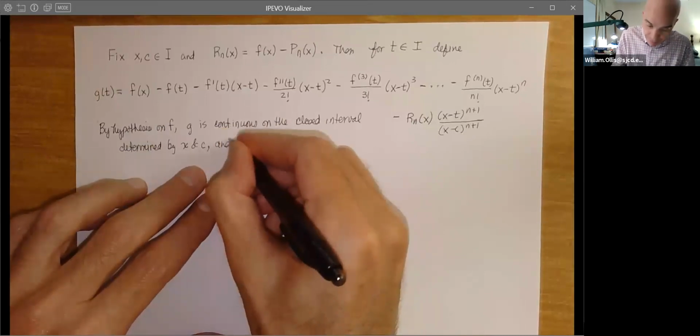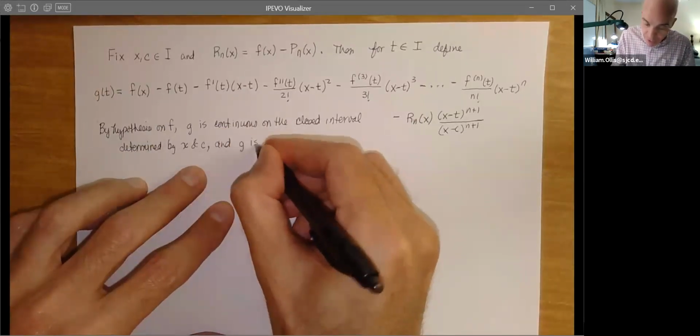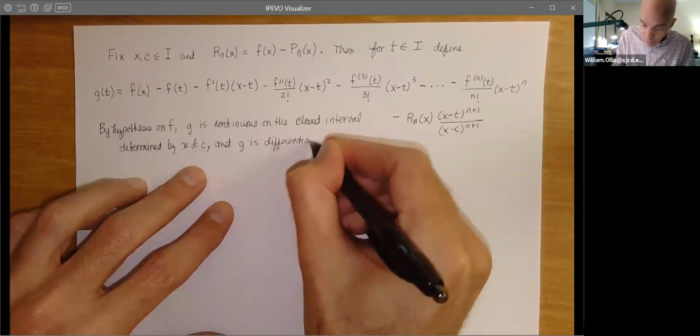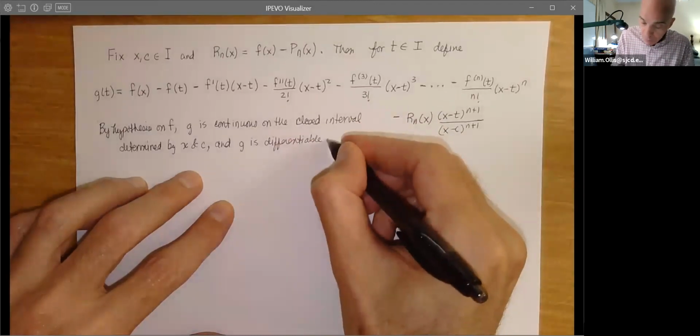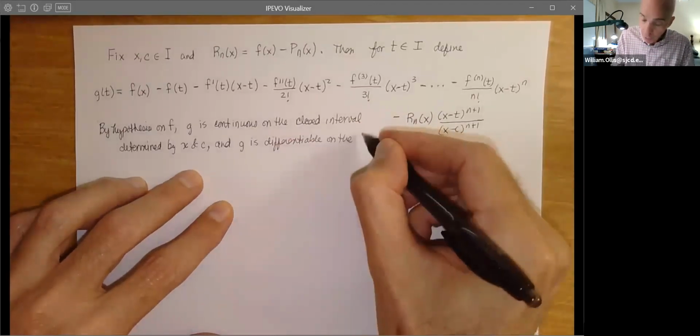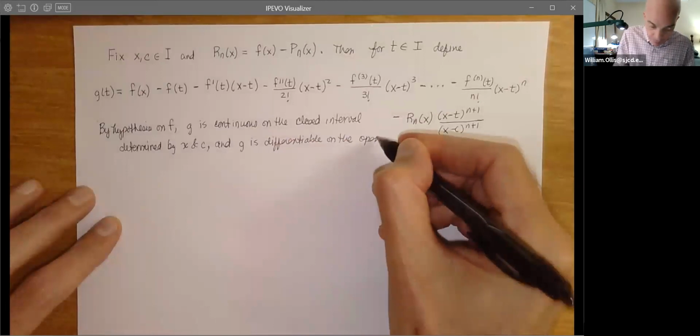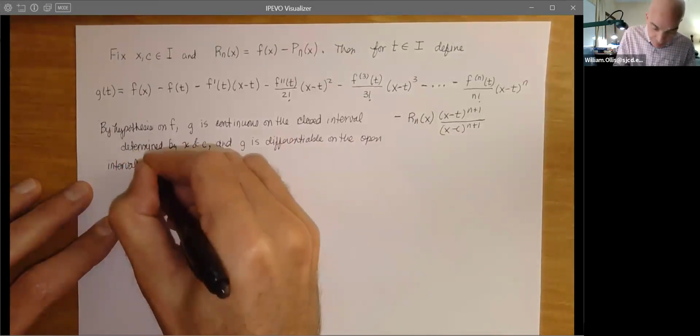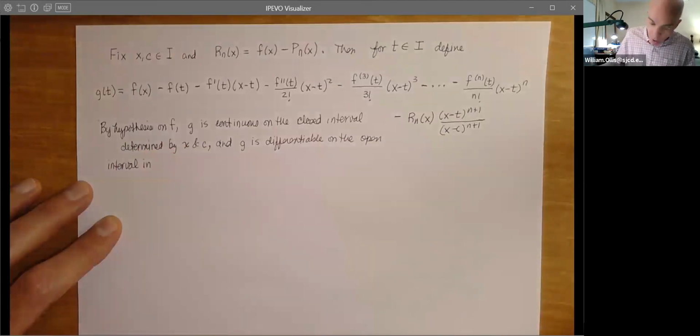And g is differentiable. It has derivatives. It's differentiable on the open interval. Oh, I don't need to write it twice.